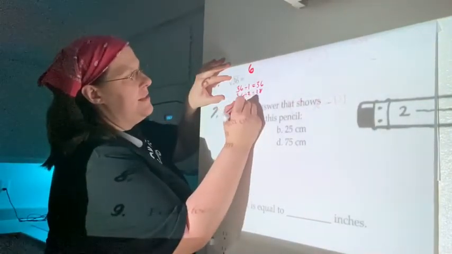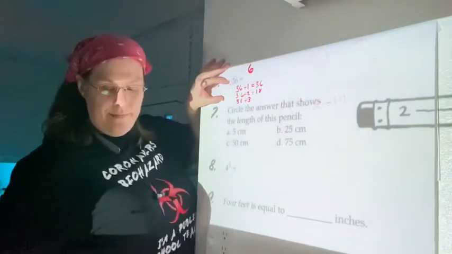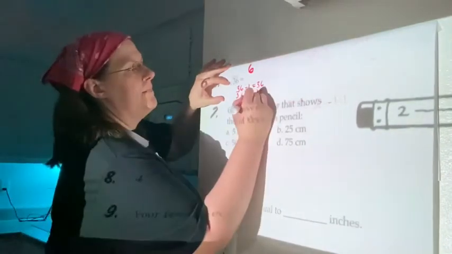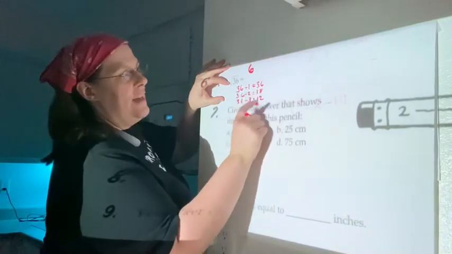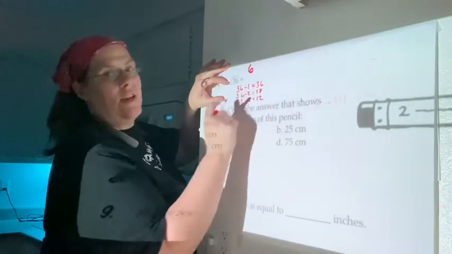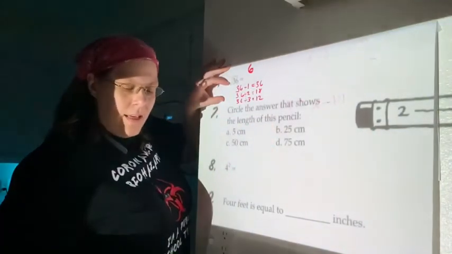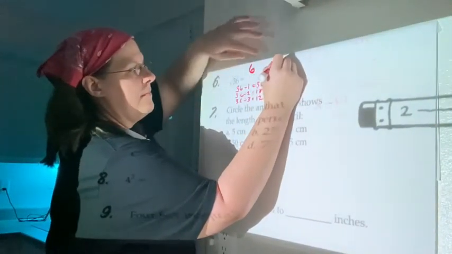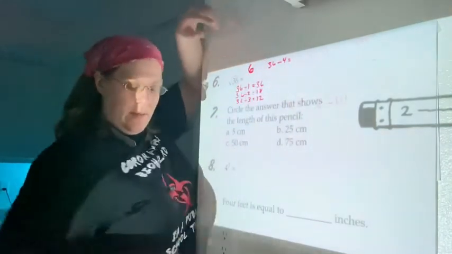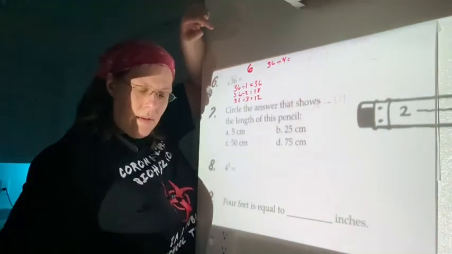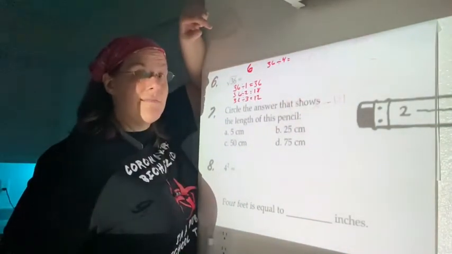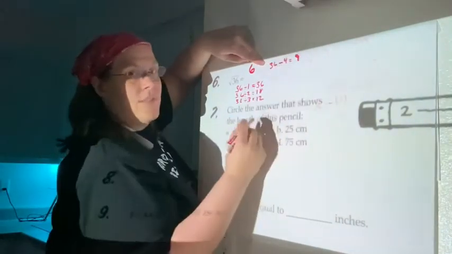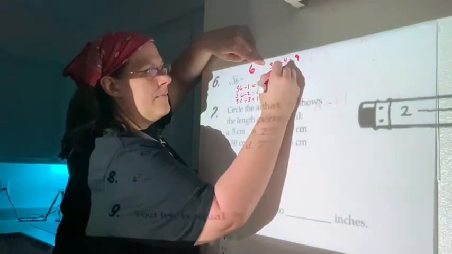Next one is 36 divided by 3. Do those numbers match yet? Nope. Don't match yet. Not there yet. Keep going. 36 divided by 4 is 9. Still not there. Keep going.